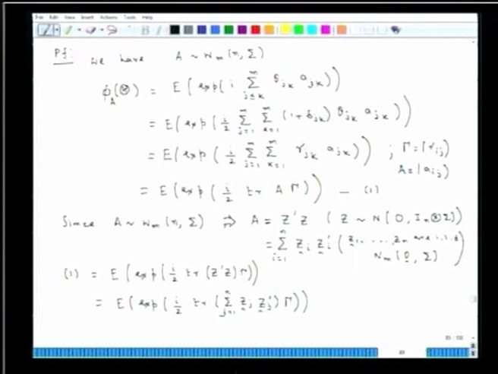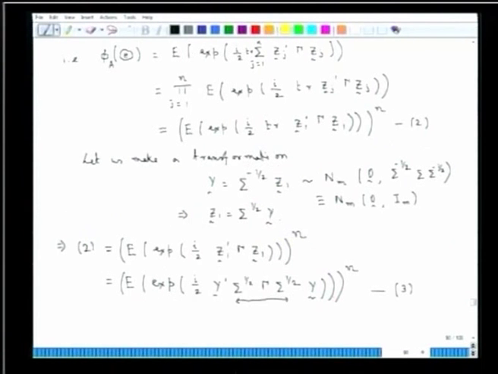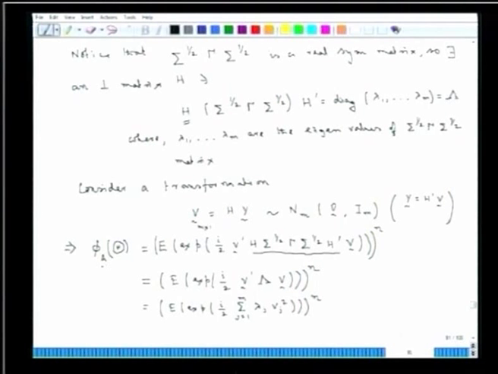In proving this result, we had come up to the point where we showed that this characteristic function is of this form: expectation of e to the power I by 2, then summation j equal to 1 to m, up to the dimension of the underlying multivariate normal distributions, of lambda j Vj square, and the whole thing raised to the power n, where this lambda j are the eigenvalues associated with the sigma half gamma sigma half matrix.